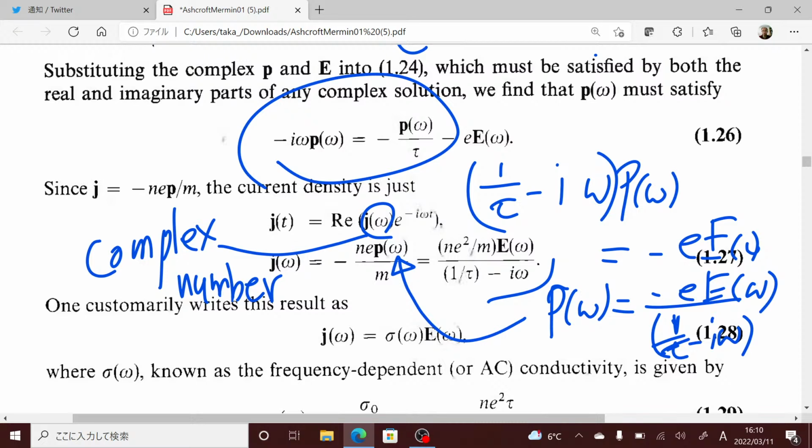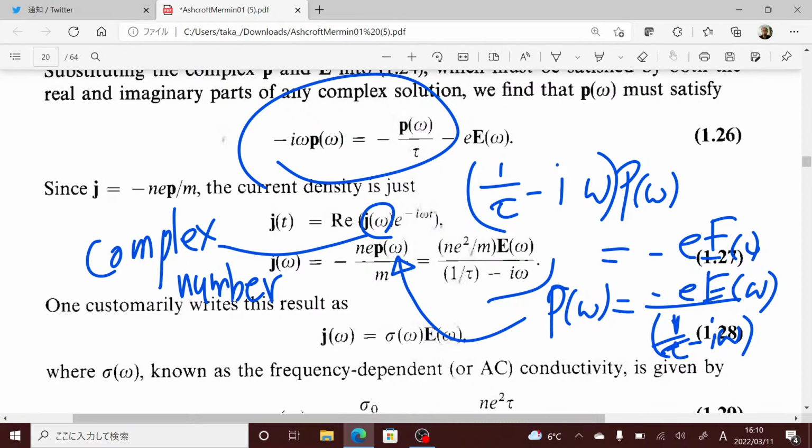So you can see p is complex here. Actually we can assume E of omega to be real, maybe, but p of omega is complex, and J of omega is also complex.